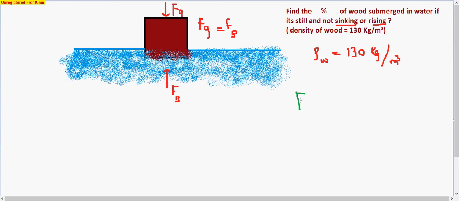Now let's write down some equations. What is this Fg? The formula for force is volume into density into g, the gravitational constant.